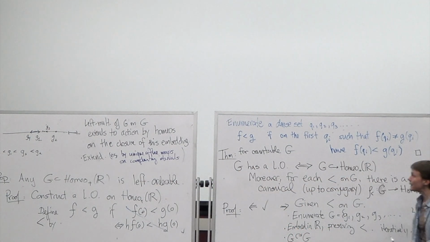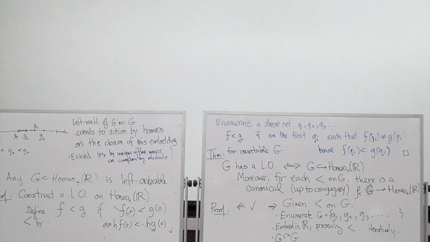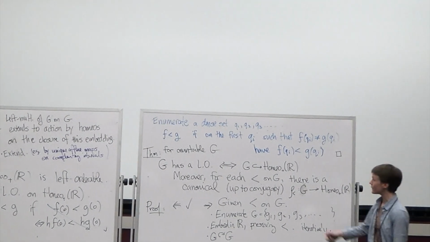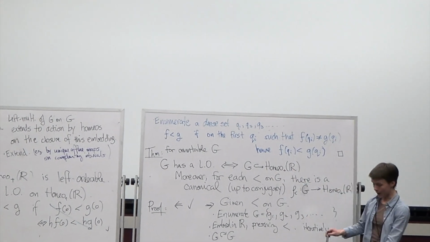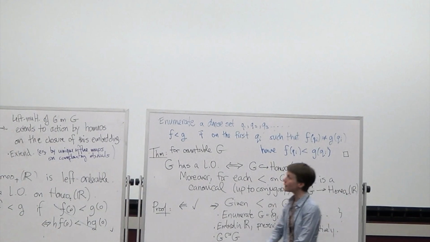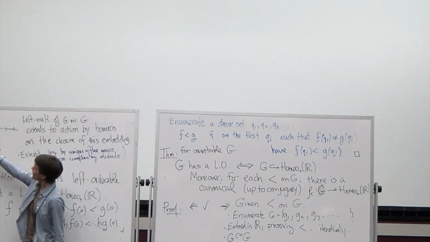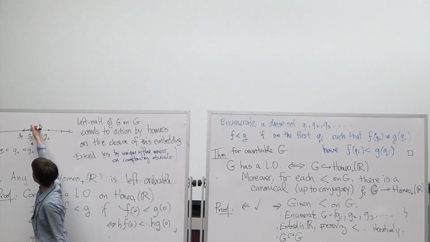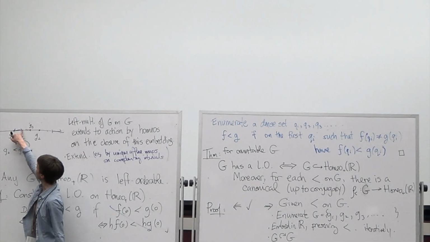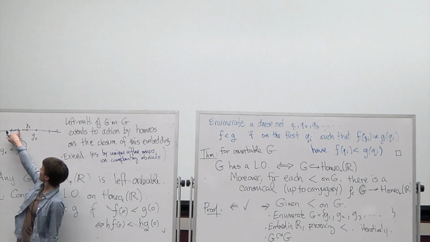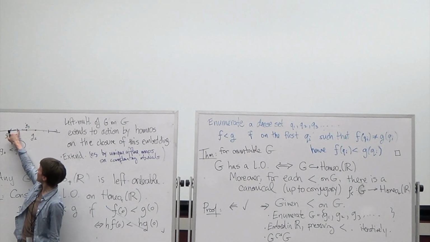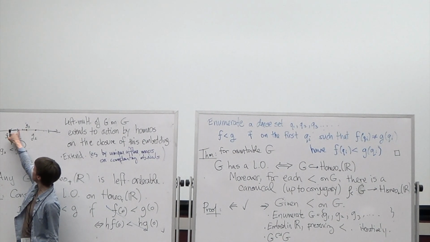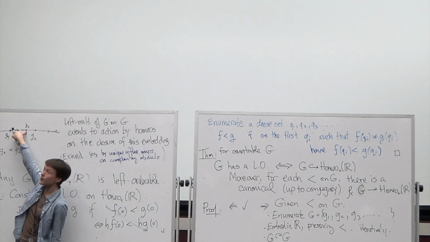Cool. If you believe my assertions, we've just built an action of your group on the line by homeomorphisms. Better yet, say element G1 was the identity in your group. The orbit of this point under your group is just, if I hit the identity by G3, that gives me the point labeled by G3.